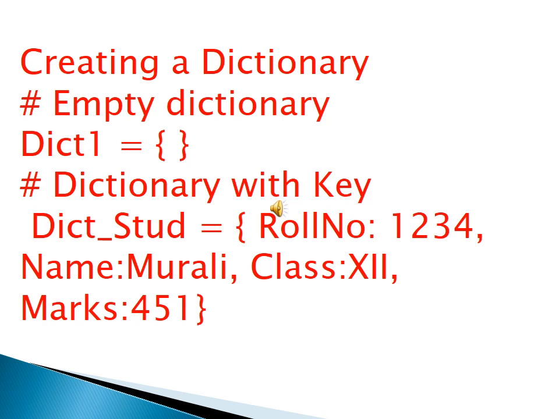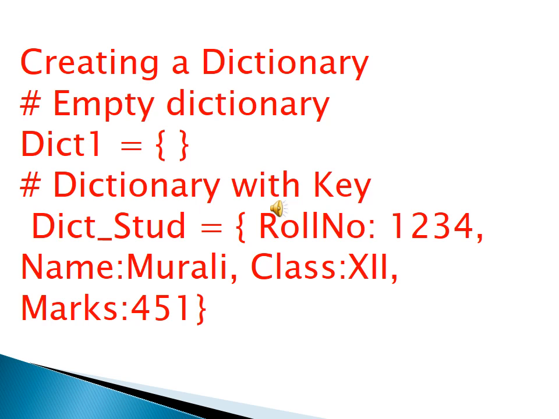The next one, dictionary with key. Inside the curly braces, we are going to define some keys. So students, what is the dictionary name? Dic equal to roll number. You should give roll number 1, 2, 3, 4. The name is Murali. Class is 12th. Marks is 451.